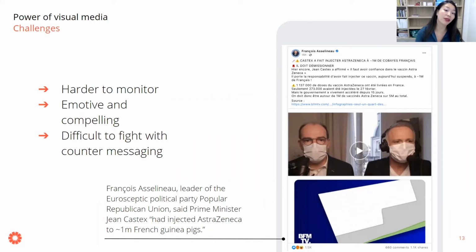So here we have another example from our daily newsletter. François Asselineau, leader of the Eurosceptic political party in France, the Popular Republican Union, said that Prime Minister Jean Castex had injected AstraZeneca into 1 million French guinea pigs. So here he's preying on people who are concerned about the AstraZeneca jab, right?